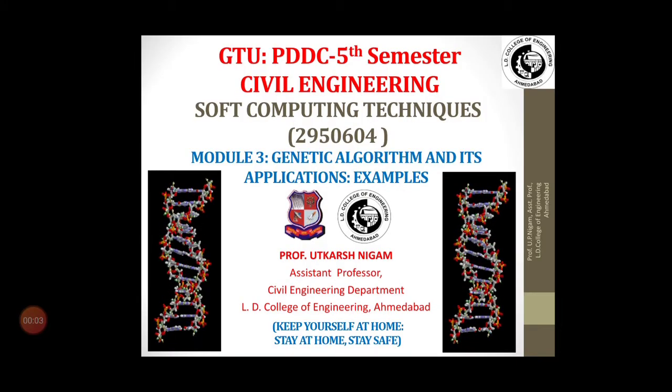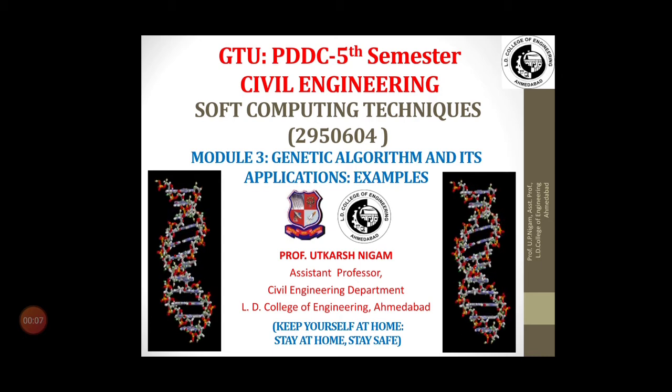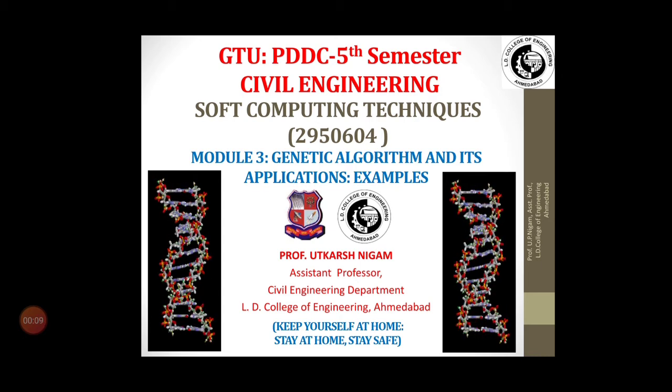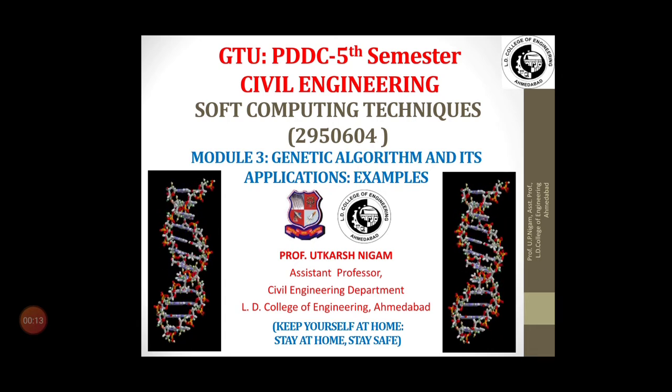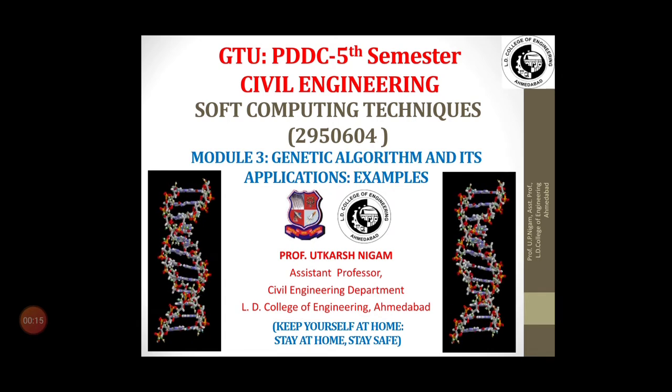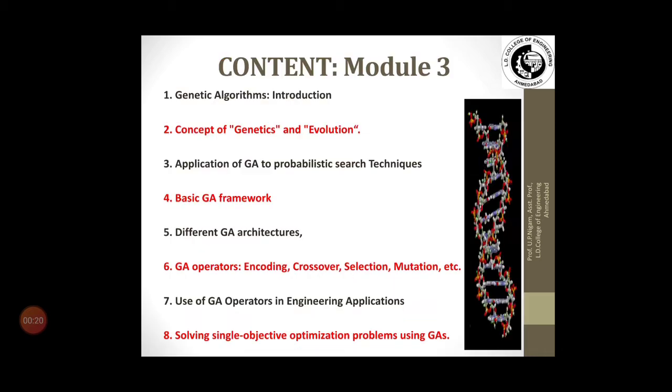This lecture is on genetic algorithm and its applications and examples for the subject soft computing techniques, module number 3, the genetic algorithm. We will try to cover a few examples and applications of genetic algorithms.